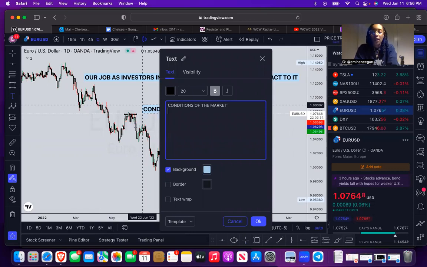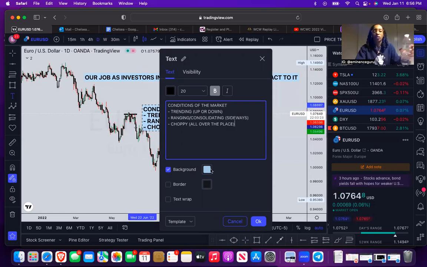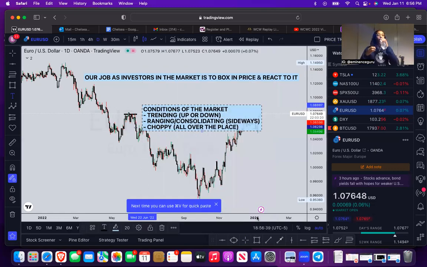It's either going to be trending, ranging, or another word is consolidating, which means going sideways, or choppy. All right, conditions of the market.